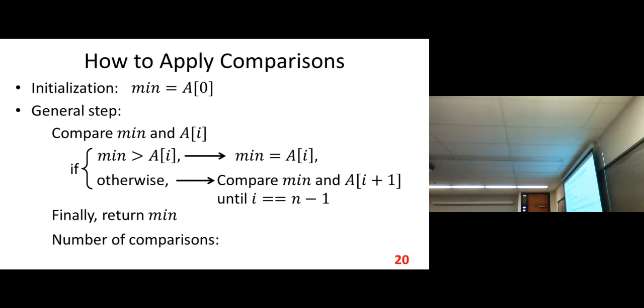Number of comparisons. Can you tell me the number of comparisons here, based on my description? Exact number. This time, don't give me the dominant term. Give me the exact number.